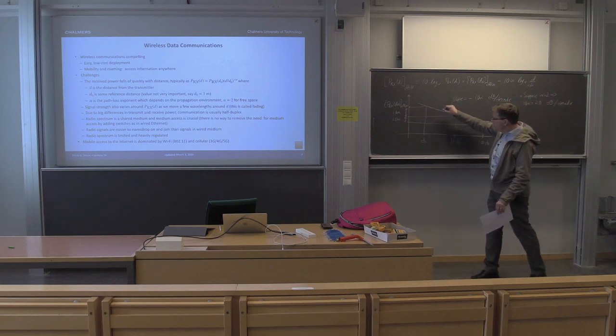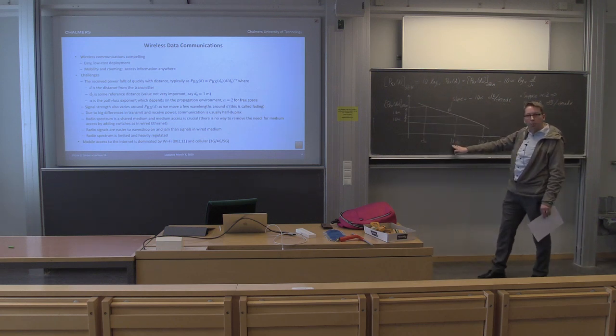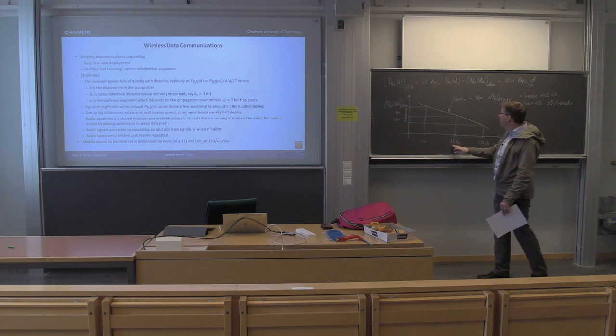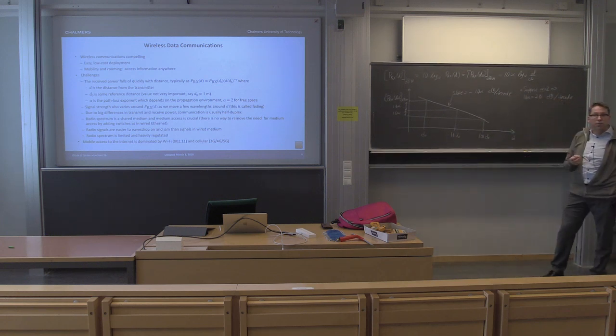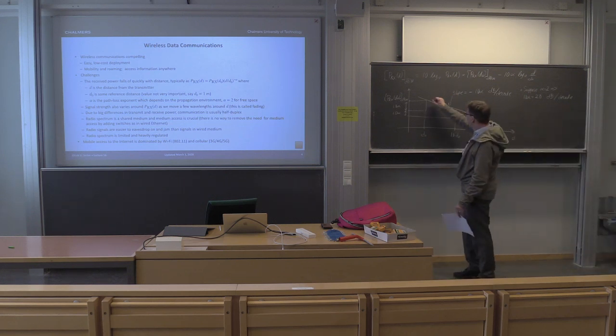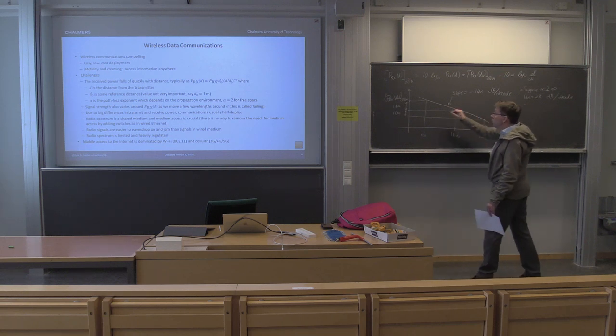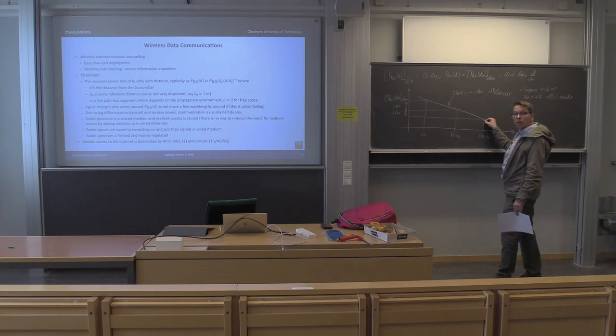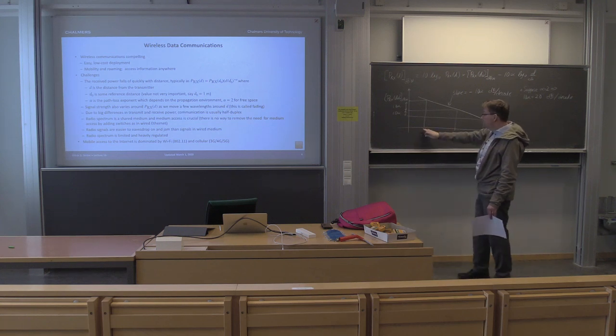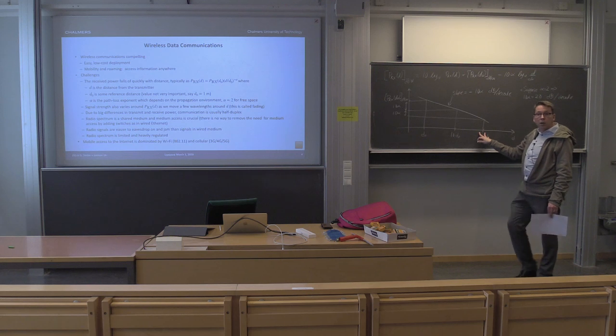So each time we move a distance which is 10 times the reference distance, we lose 20 decibels of received power. And 20 decibels is a factor of 100. Okay, so the power loss from here to here is 100 in linear scale. And then another 100 here. So from here to here, it's a factor of 100 times 100, that is 10,000. Okay, so say that from 1 meter to 100 meters, we lose about 10,000 times of the transmitted power.